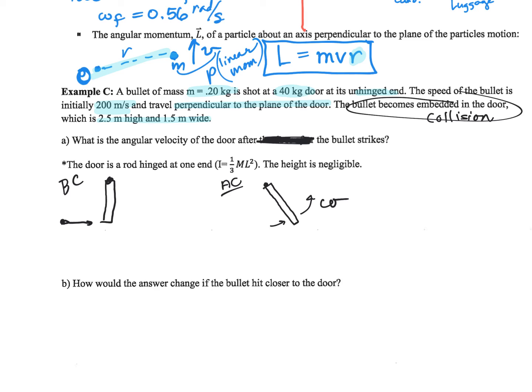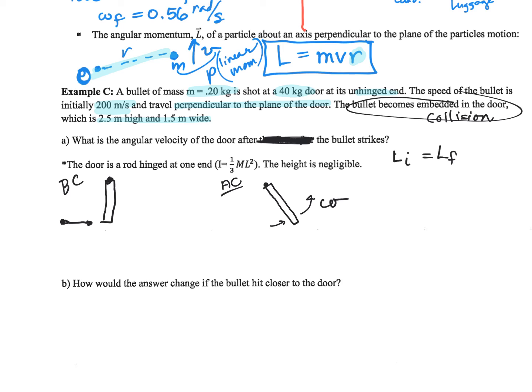Therefore, we have a collision and we have rotation, which means what is conserved? Angular momentum. Why are we using angular this time and not linear? Because the door is swinging around in an arc. So can you tell now how you tell the difference between the two? Okay. So now what's the formula?